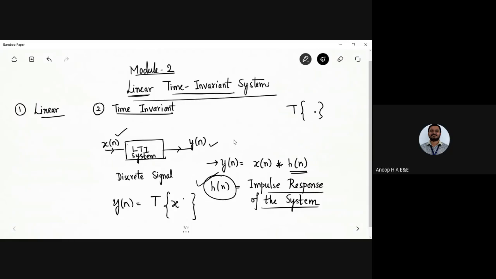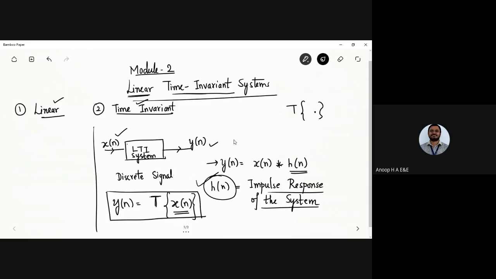When I write the input signal x of n along with the T operator, it gives you the output signal. I'm talking only about the linear time invariant system here.